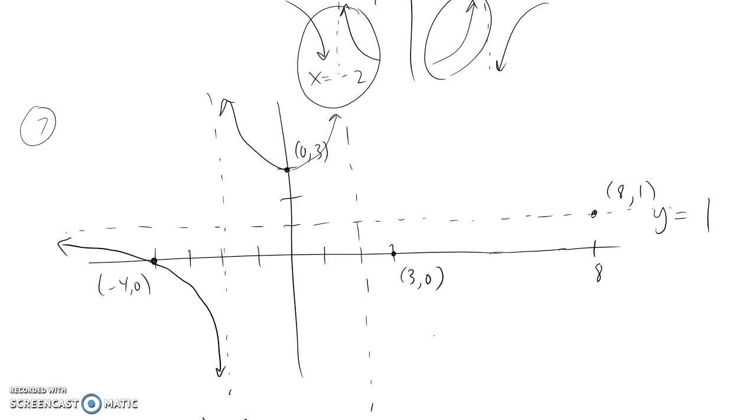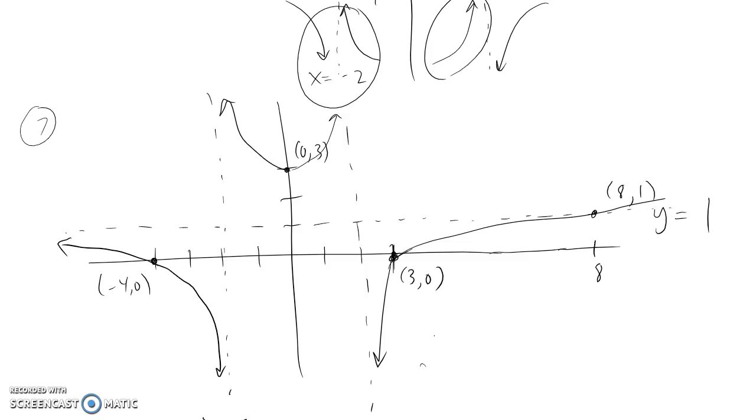So it looks something like this. Similarly, on the right the function is approaching negative infinity. Next, to the right of the vertical asymptote, it goes through (3, 0). Then it also is going to go through (8, 1). So it's going to probably do something like that. It should be a little bit more smooth than I'm drawing it.